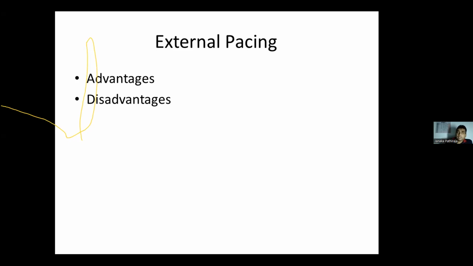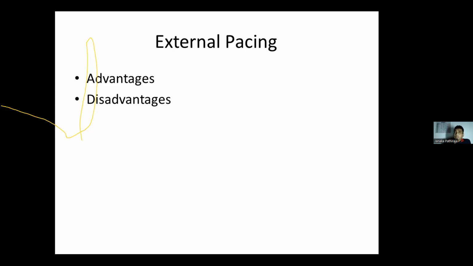So, what are the advantages and disadvantages of external pacing? People who are using it, what are the problems? Non-invasive, yes. Then what else? When you take the advantages, there are several.